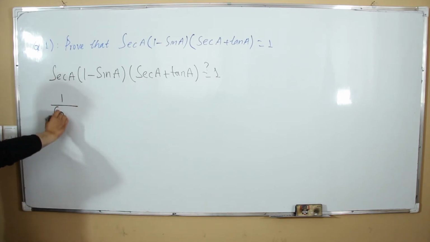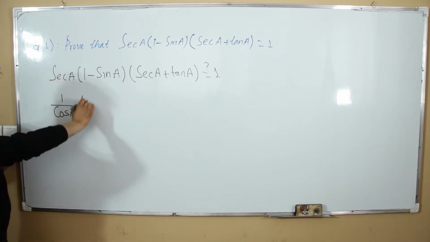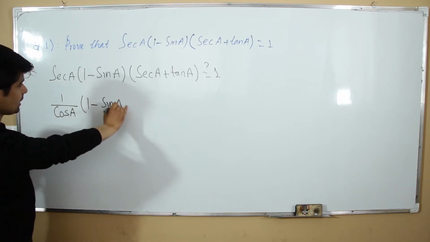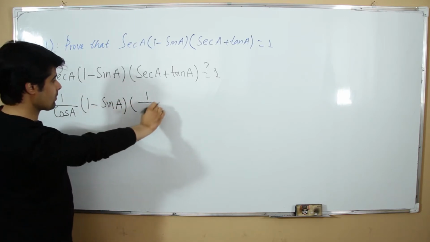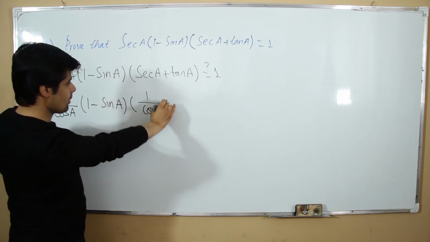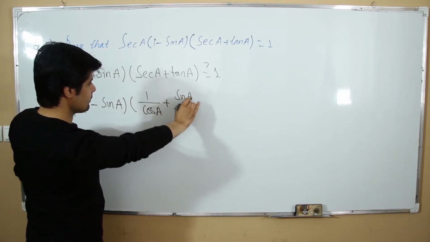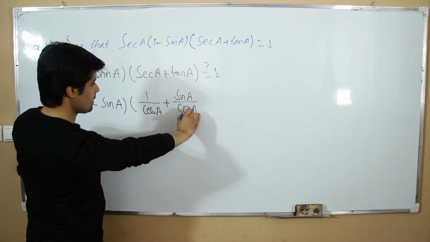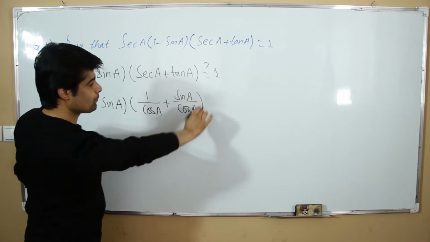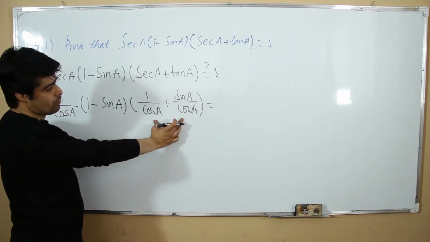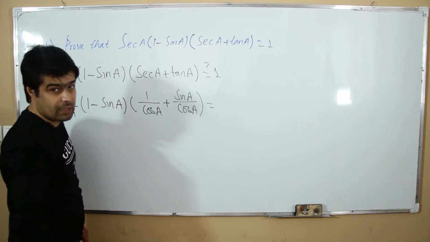So this is 1 by cosine A, 1 minus sine A, and this one is 1 by cosine A and sine A divided by cosine A. Am I right or not? Yes. Now, in here we have a factor in the denominators.